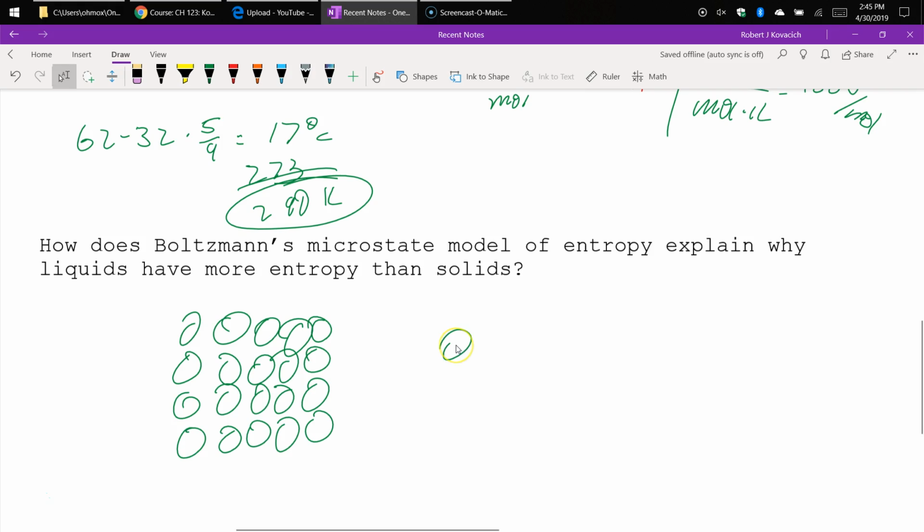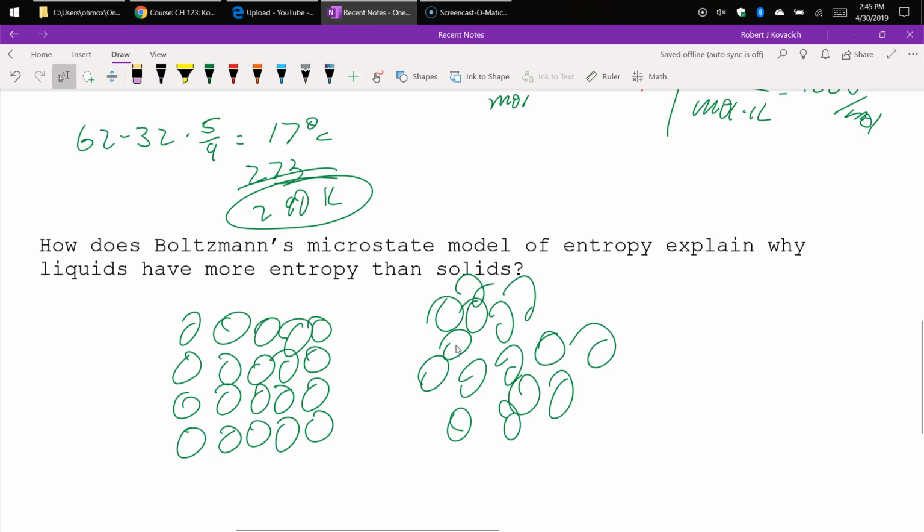And then when we've got the liquids, they could be anywhere, right? Where is he in relationship to the 4 atoms around him? That's where he is right now, but where could he be? He could be right here in a moment, or right here in a moment, or right here in a moment.